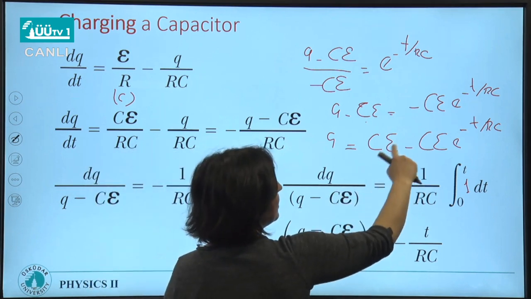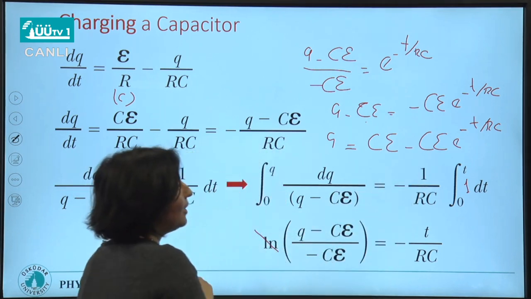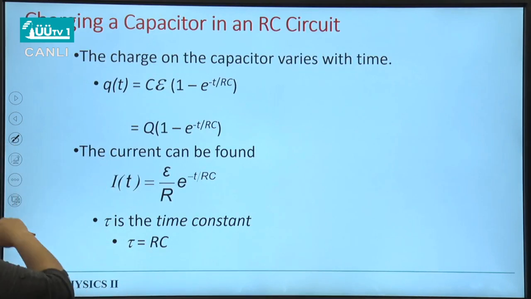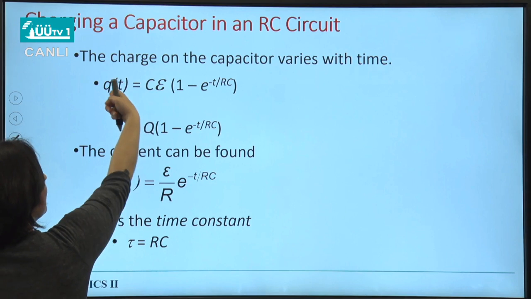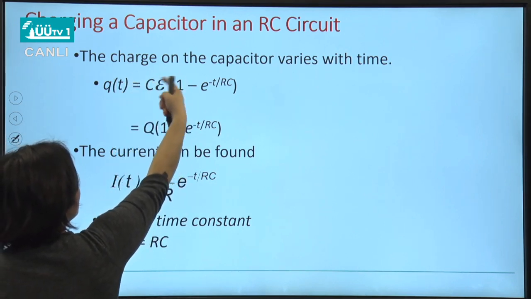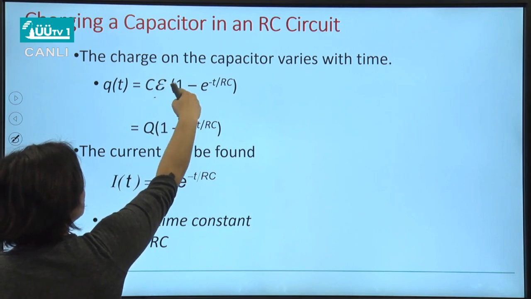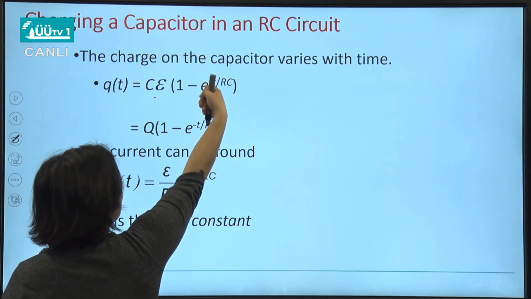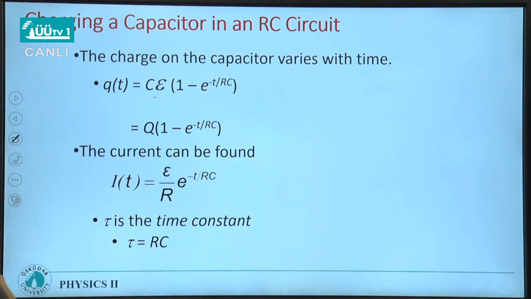You can take the parentheses of c epsilon, and you will find the equation for q as q equals c epsilon times parentheses 1 minus e to the power minus t over RC.